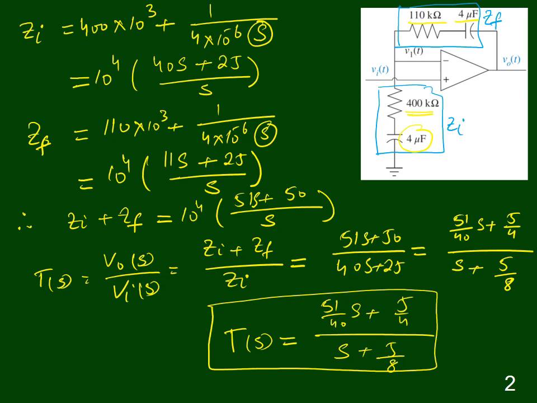Just to remember, this circuit is the non-inverting amplifier, but you don't have to memorize the transfer function of the system. You can always determine the transfer function using the basic characteristics of the ideal operational amplifier. Thank you very much.